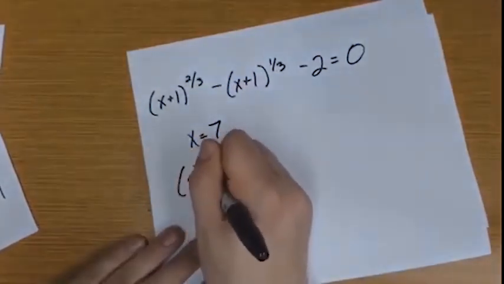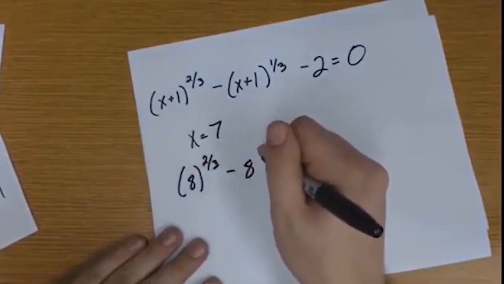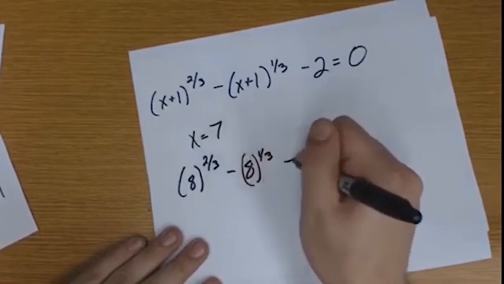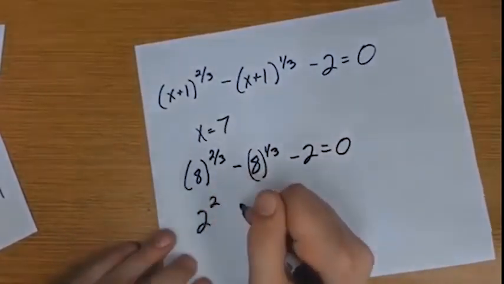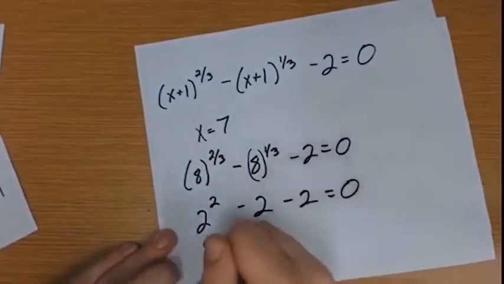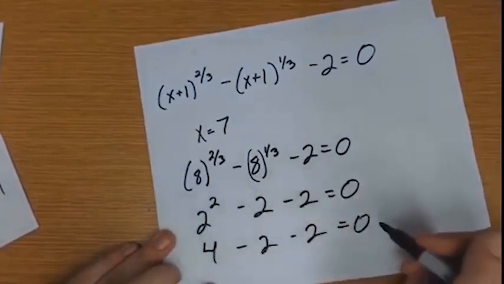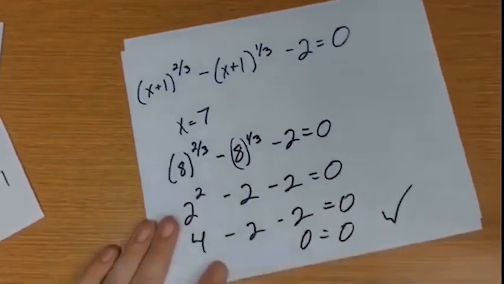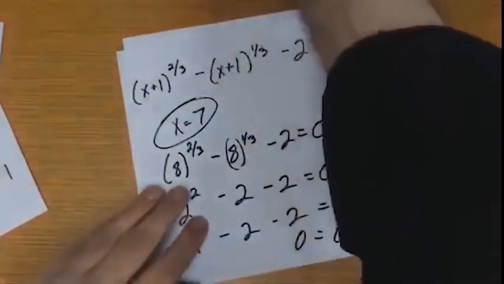So 8 to the 2/3 minus 8 to the 1/3 minus 2 equals 0. Cube root of 8 is 2. So 2 squared minus 2 equals 0. 4 minus 2 equals 0. 4 minus 4. 0 equals 0. That one checks. So x equals 7 we're still good with.